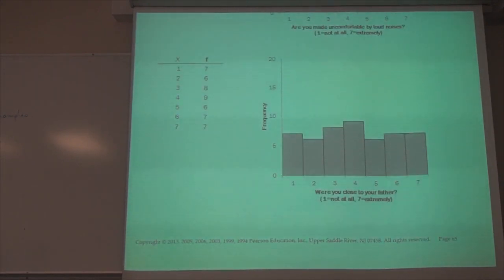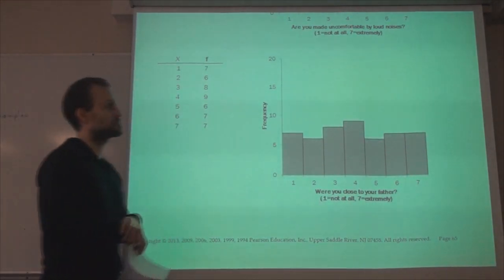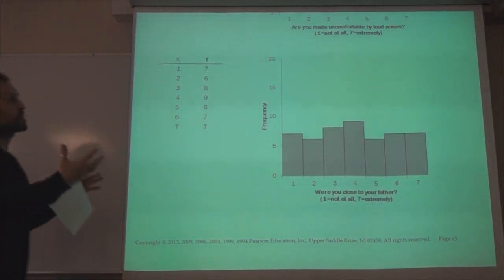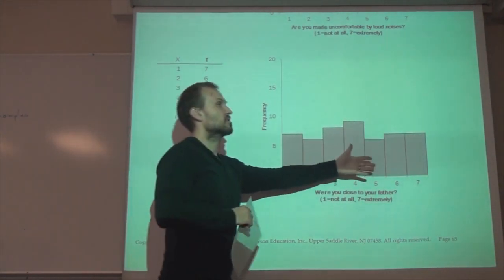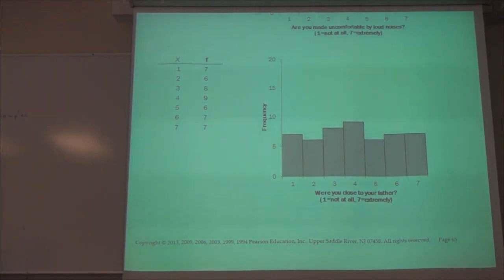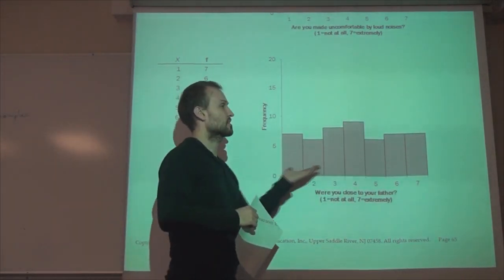Whereas if I look at this result, if that is representative of the population, the fact that it has this spread out property tells me that I get any kind of result when it comes to this question. If I randomly pick a person, I don't really know what they're going to pick. They can pick anything.